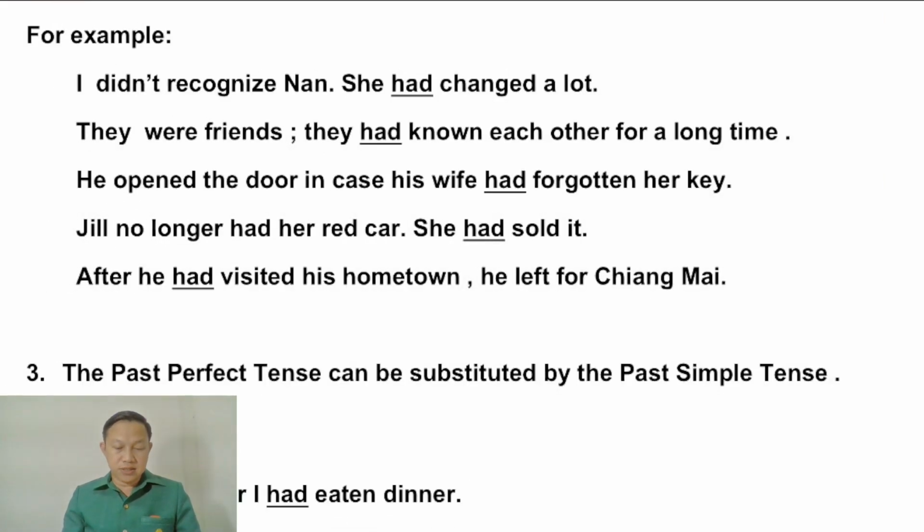They were friends. They had known each other for a long time. He opened the door in case his wife had forgotten her key. Jill no longer had her red car. She had sold it. After he had visited his hometown, he left for Chiang Mai.